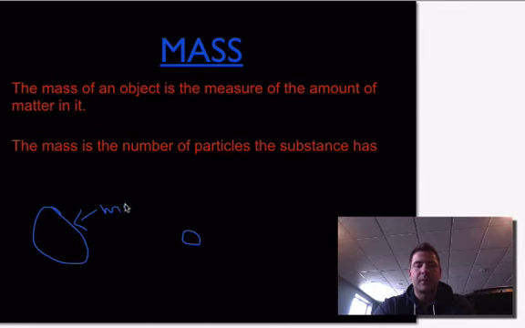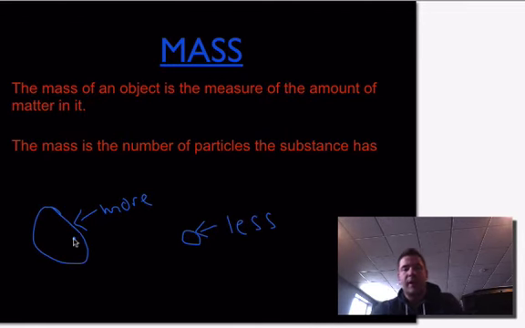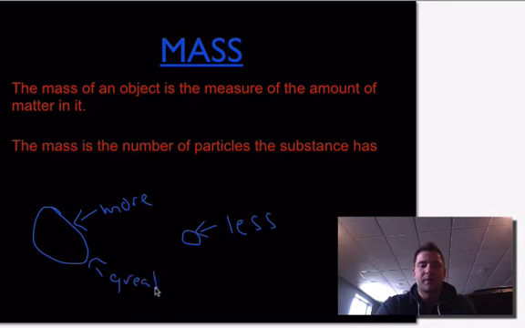Well, this one would have more, and this one here would have less, because there's more matter inside this, therefore it would have a greater mass. Okay, and on this side there's less, so it would have less mass.